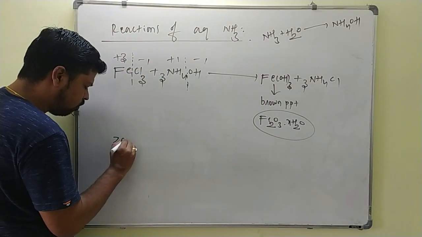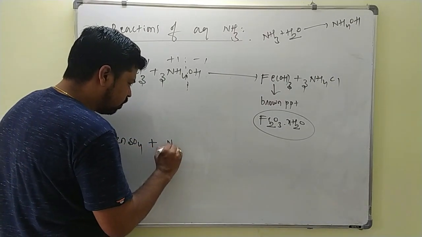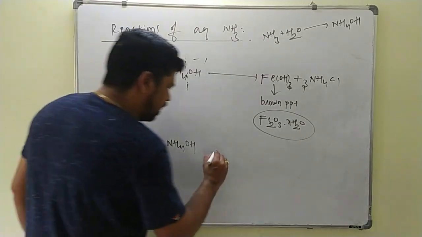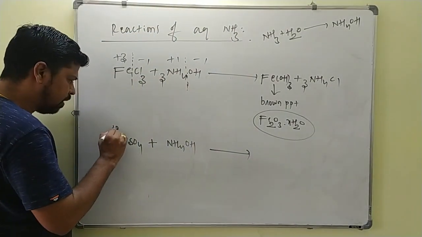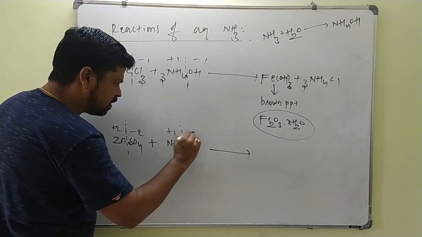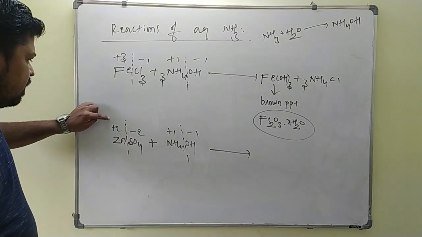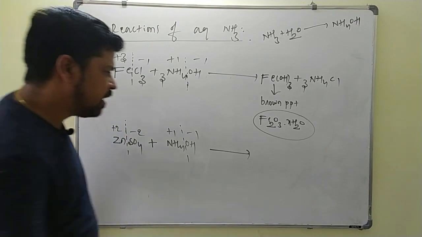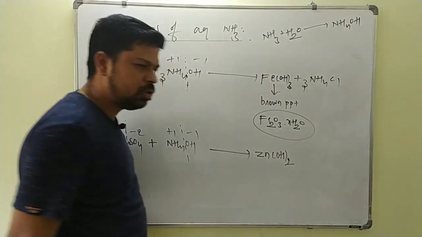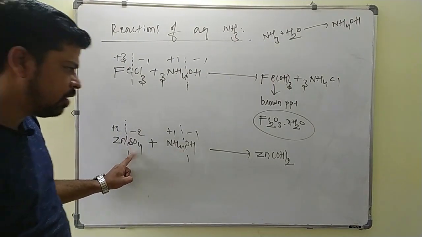Next one, the reaction of zinc sulfate with aqueous ammonia, that is NH4OH. Again the same thing: this is Zn plus 2, this is SO4 minus 2, and this is plus 1 and minus 1. Plus reacts with minus and this plus reacts with minus here. This is Zn plus 2, OH minus 1, so there is a formation of zinc hydroxide, Zn(OH)2, and then NH4 plus and SO4 minus 2.